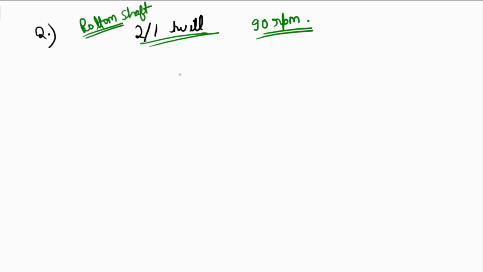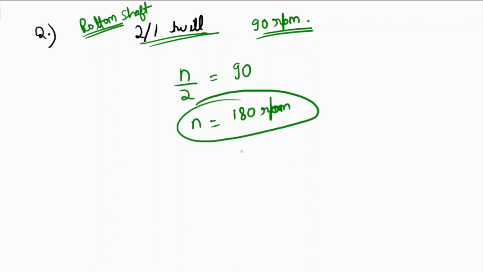So the bottom shaft speed is n upon 2. It is given as 90. So n is 180 RPM. And 180 RPM is of the crankshaft. The weave is given as 2 by 1, so total x is equal to 2 plus 1, that is equal to 3.